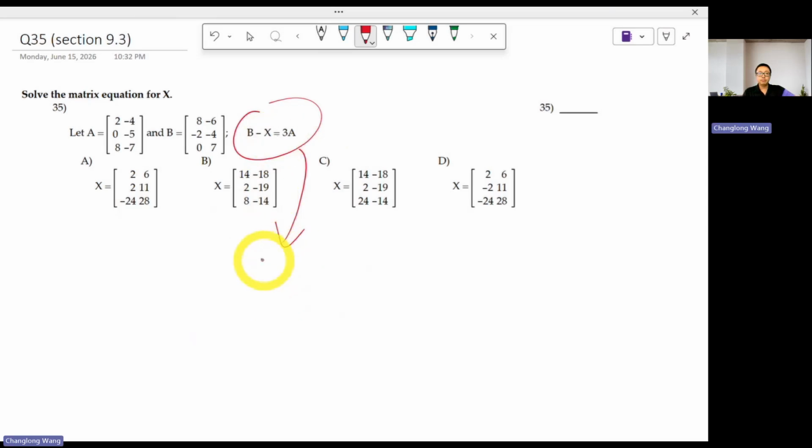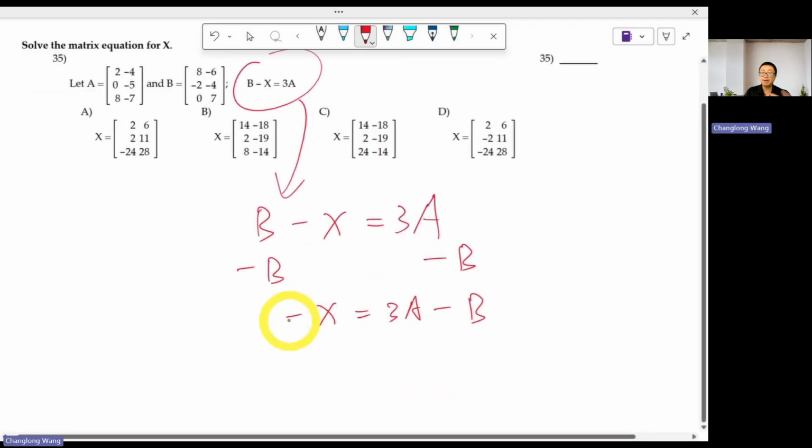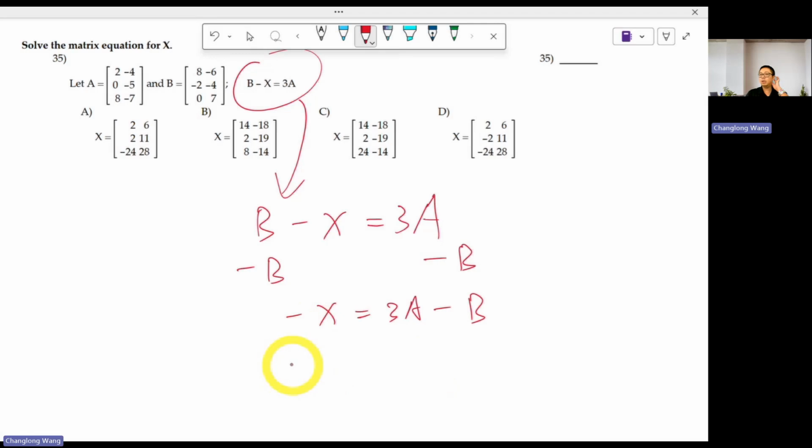So what you do is isolate the X. People are probably going to think of subtracting the B, so you're looking at negative X equals 3A minus B. But you still have a -1, so you either divide by -1 or multiply by -1.